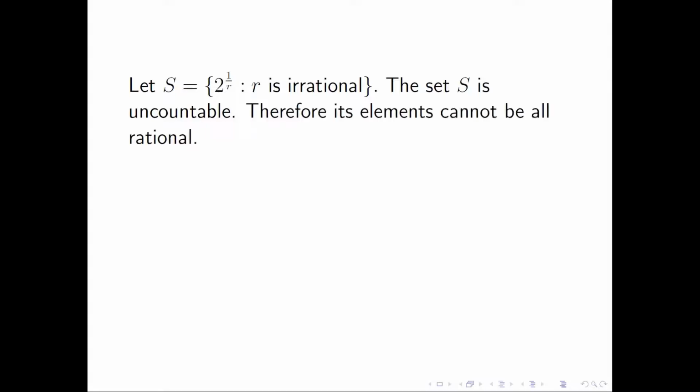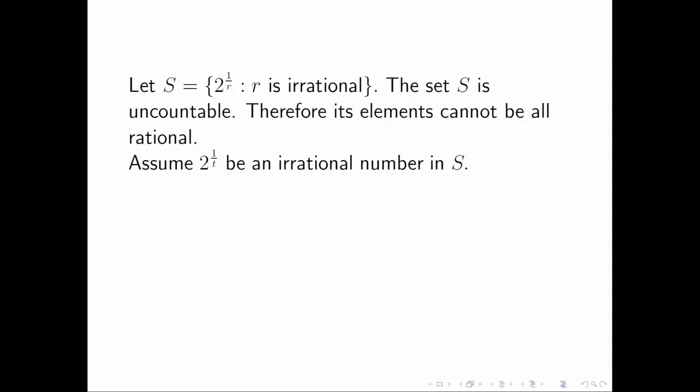Because the set of all irrational numbers is uncountable, S must be uncountable as well. On the other hand, all rational numbers form a countable set. There are far more elements in S. There must be some irrational numbers in it.